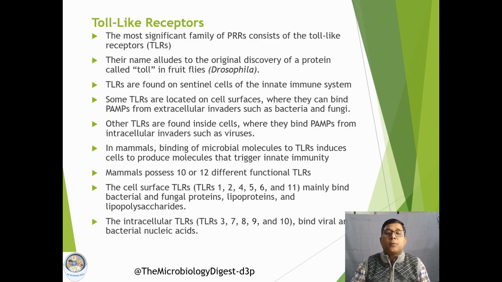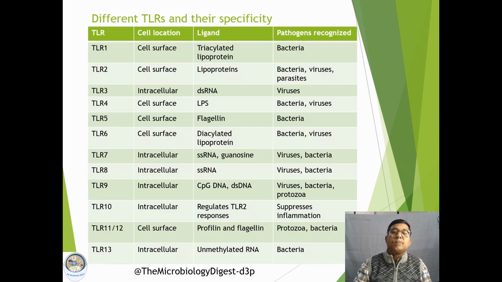Around 10 to 12 different types of TLRs have been identified so far, and they are responsible for binding with the PAMPs and thereby enabling identification of the potential invaders or antigens.